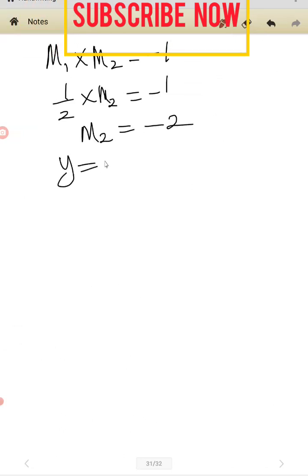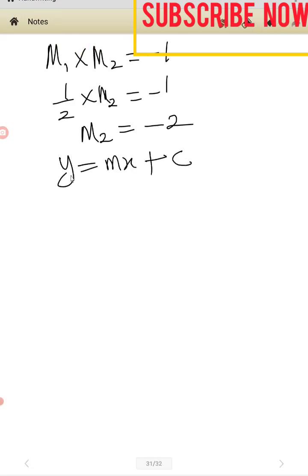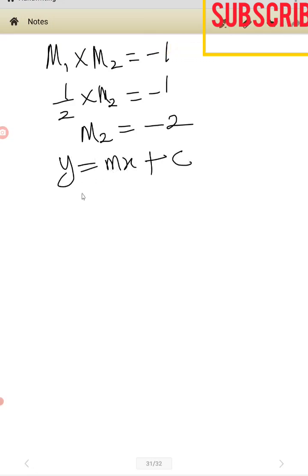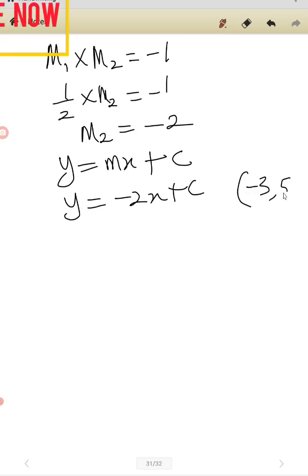So if our m2 is minus 2, and you know that y is mx plus c, we have y is equal to minus 2x plus c. But the point given is minus 3 and 5.